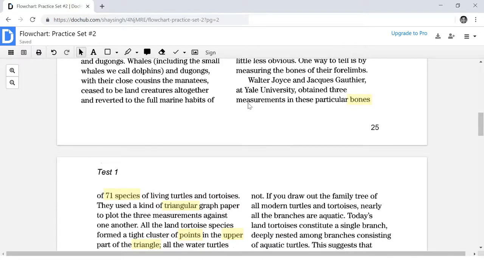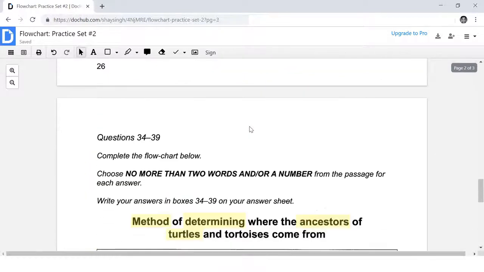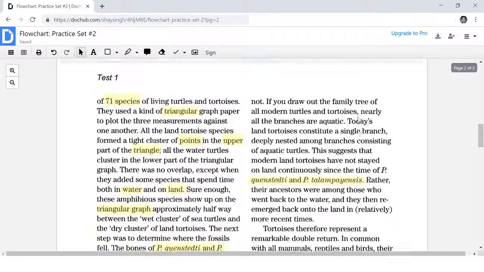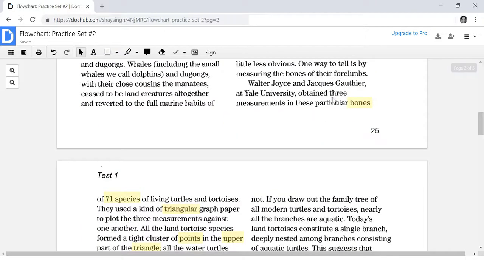Okay, what did they obtain? 3 measurements. Look at the question down here. 71 species of living turtles and tortoises were examined. Okay, we know that they studied 71 species. And a total of what was taken from the bones? Total of what? It says that right here. 3 measurements were taken from the bones.